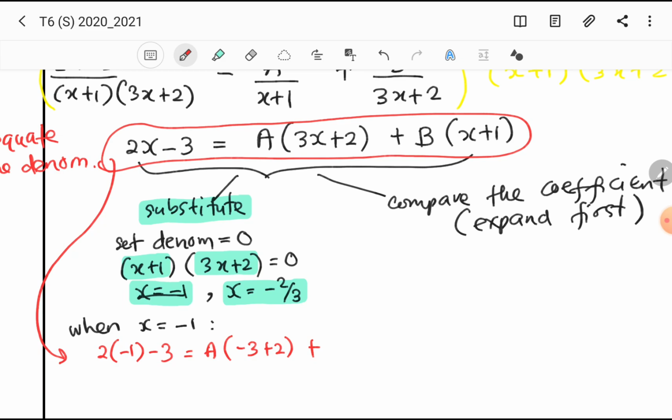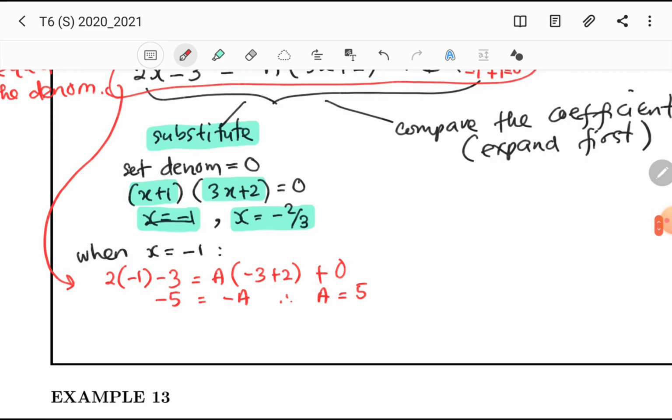Plus, okay, kalau awak masuk negative 1 dalam ni, negative 1 plus 1, dia akan jadi 0. So, everything akan becomes 0. Okay? So, we will get negative 5 equals to negative a. Therefore, a equals to 5.